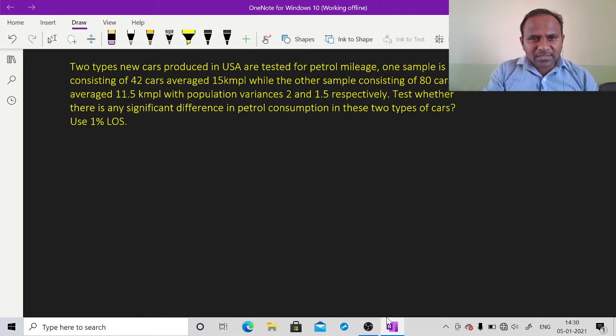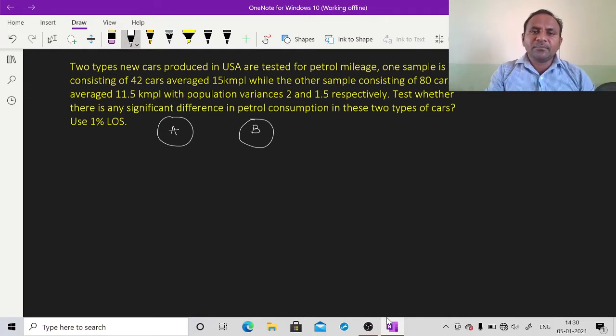See, he has given that there are two types of different cars in USA. Suppose this is type A and otherwise type B cars. My interest is to test whether there is any significant difference in petrol consumption of these two types of cars.